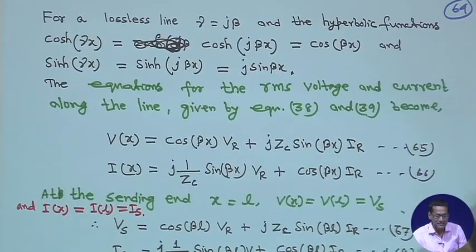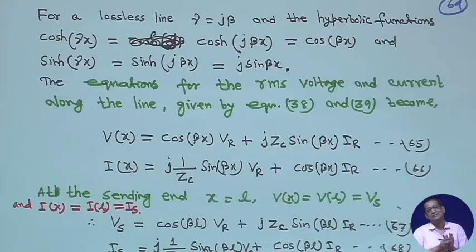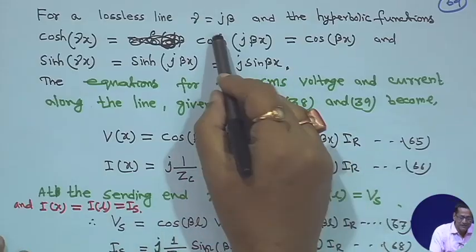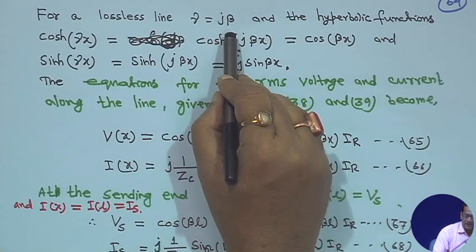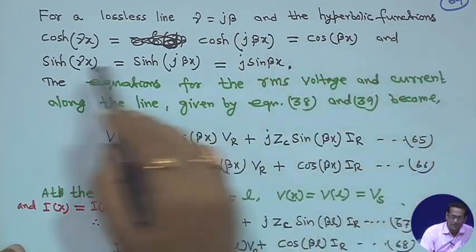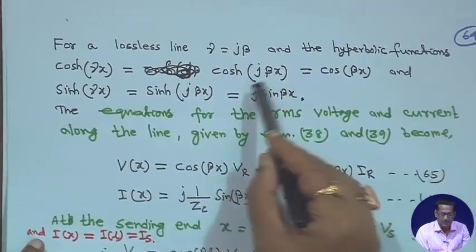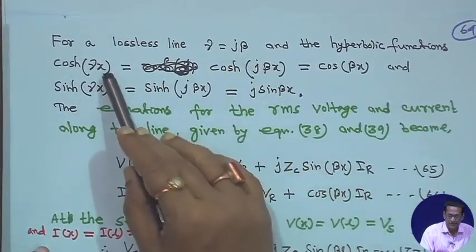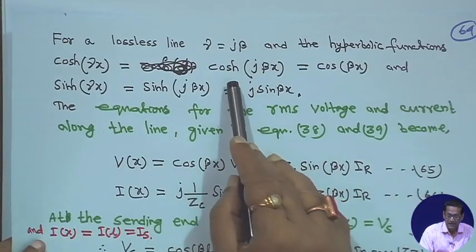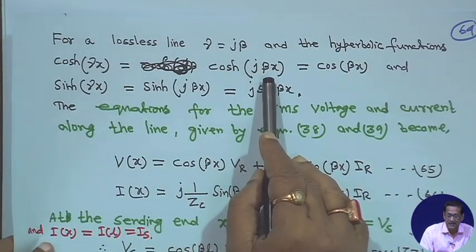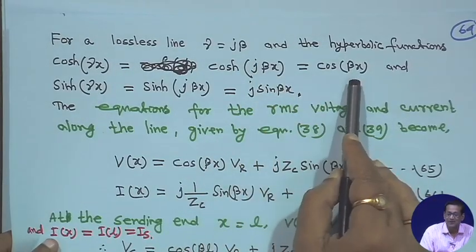Now, for a lossless line, we have seen that gamma, the propagation constant, is equal to alpha plus j beta. So, alpha is 0, and for a lossless line gamma is equal to j beta. The hyperbolic function cosh gamma x will become, if you substitute gamma is equal to j beta, cosh j beta x, which is nothing but cos beta x.